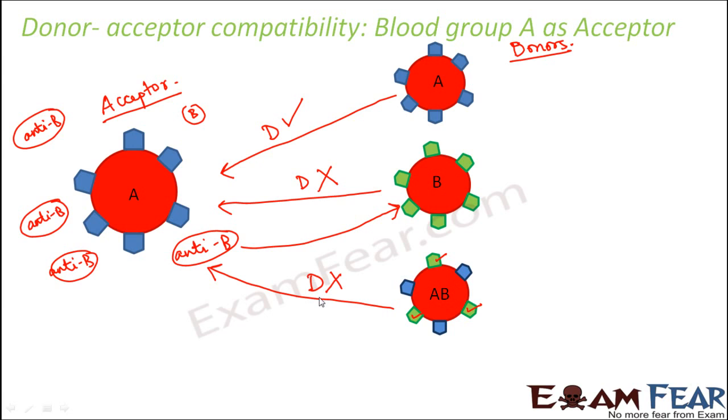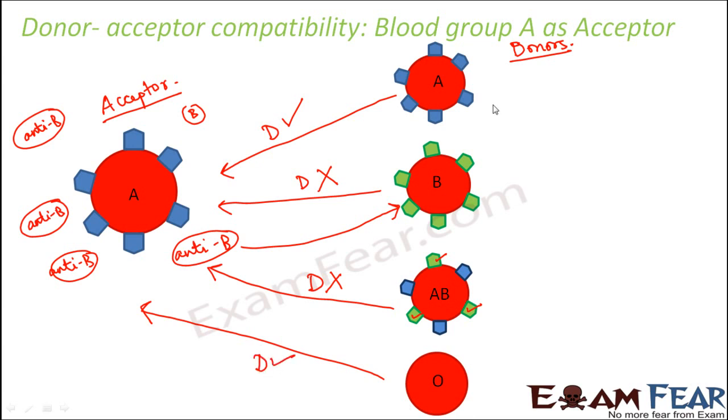What about O? O doesn't have any antigens, so it is free of antigens. So if you make O enter, the antibodies B will not attack them. In this case also, these antibodies B will not be able to attack any of the antigens. So O is also safe as a donor.